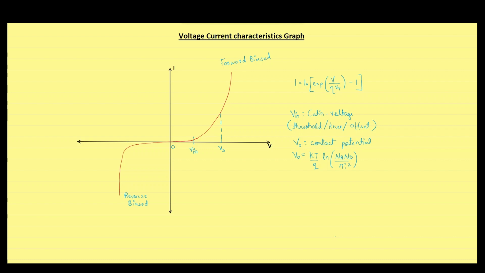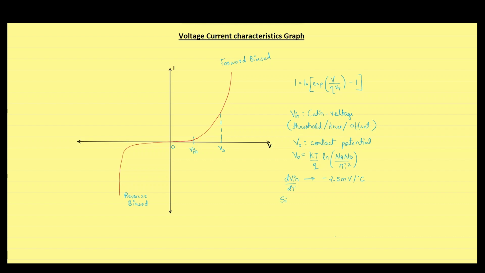Cut-in voltage is dependent upon temperature as well as the semiconductor material. If we talk about the temperature, then we can say the cut-in voltage decreases at the rate of 2.5 millivolt per degree Celsius. It means that if we increase the temperature of the semiconductor device by 10 degrees Celsius, then the cut-in voltage will decrease by 25 millivolt.